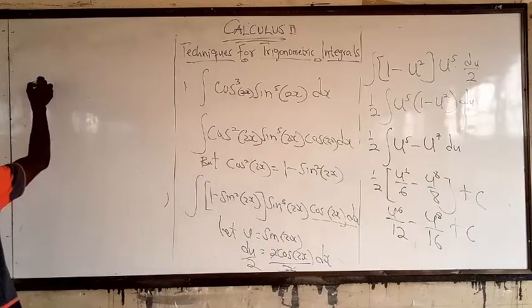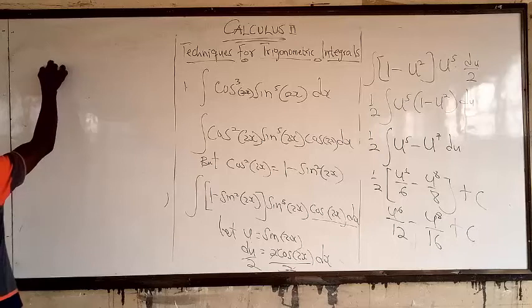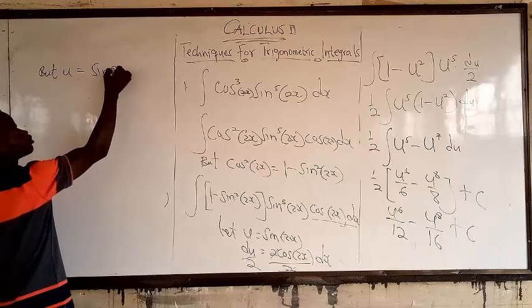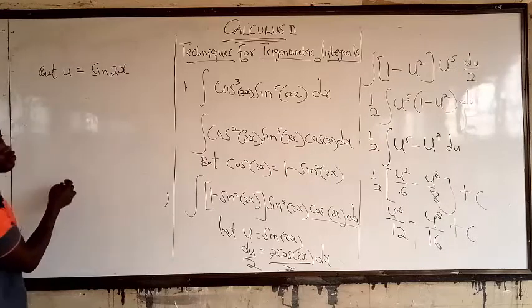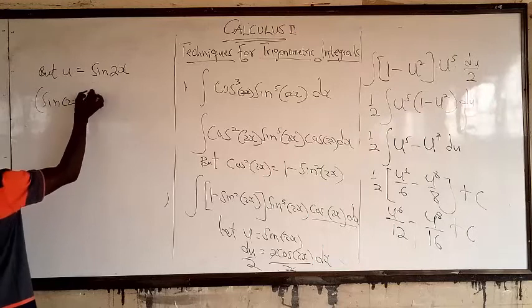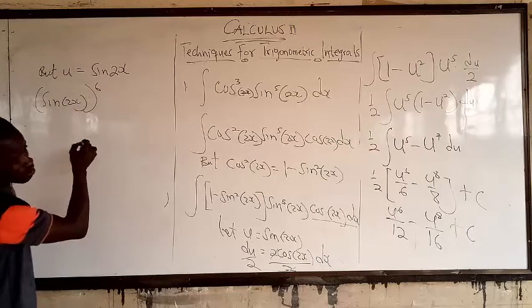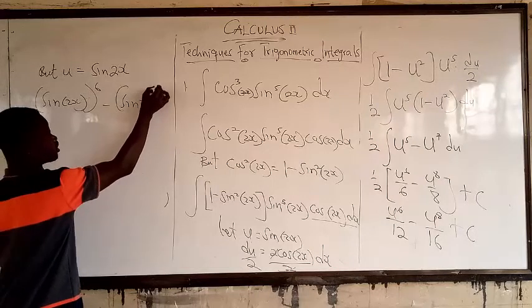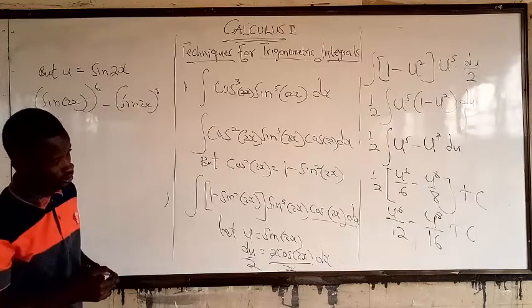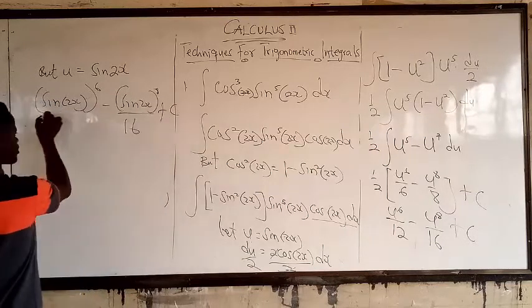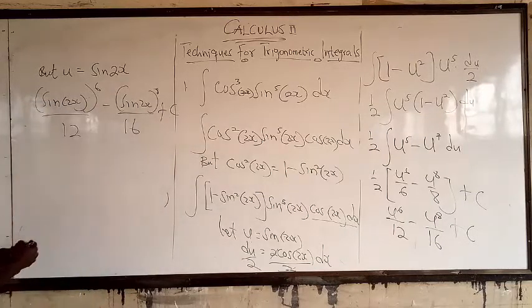So here you get that u is equal to sine 2x. So wherever you see u, you put that there. Sine 2x to the power 6 minus sine 2x to the power 8 plus c, over 16 over 12.